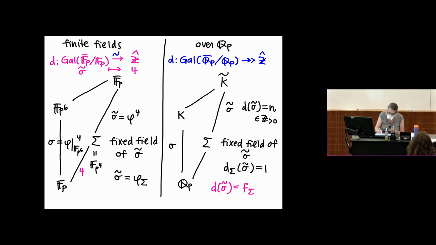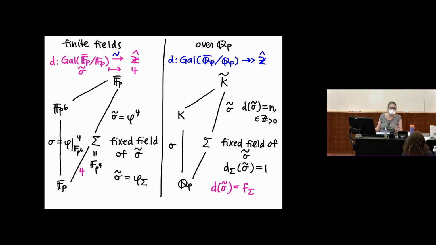Here, this 4 agreed with that 4 because every extension is unramified, so that was the full degree of the extension. But here, it's just the unramified part of the degree, or the degree of the residue field extension from Q_p to sigma, if you will.